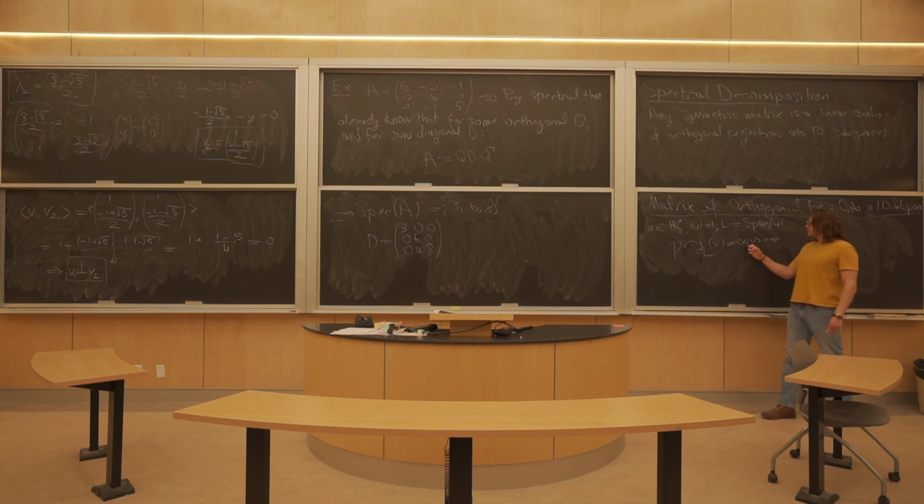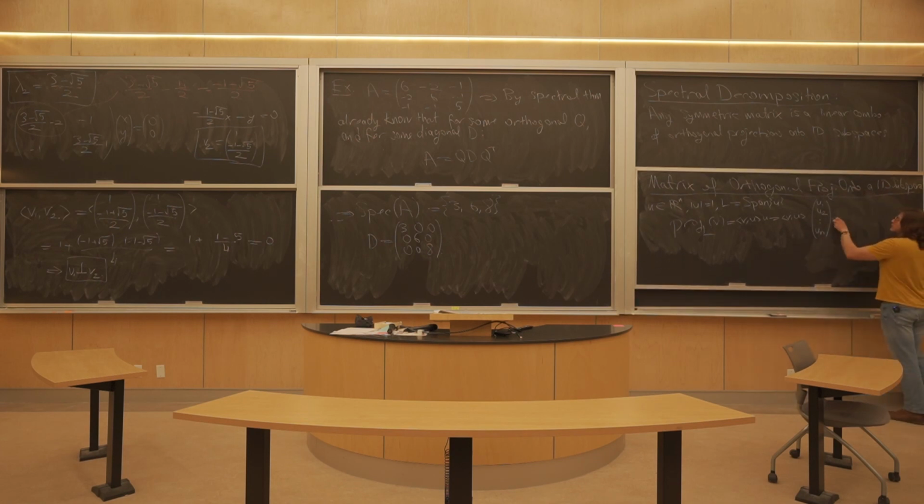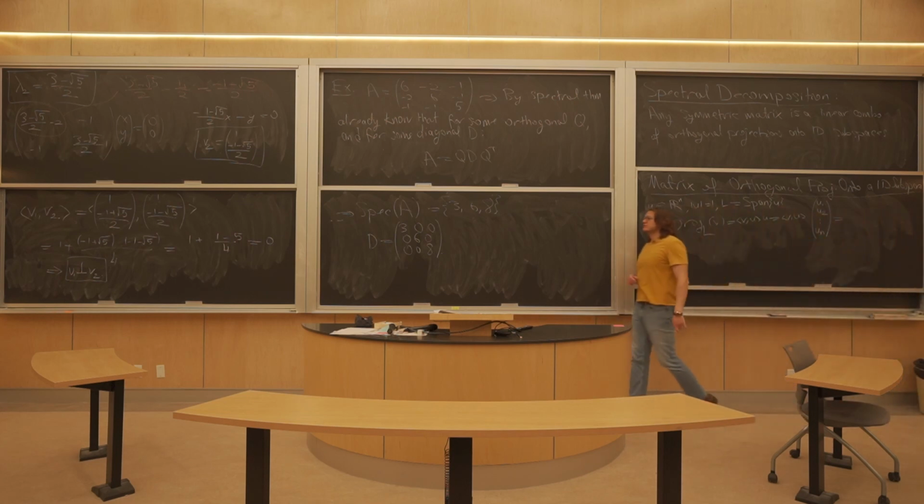The idea is to manipulate this expression in such a way that eventually I can take out V. This is a number, this is a vector. Maybe I can write it explicitly: V against U times U1, U2, dot, dot, dot, Un. This is a number, so I can put it into the vector. Give me a second.